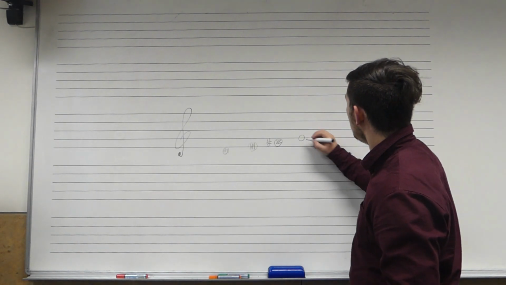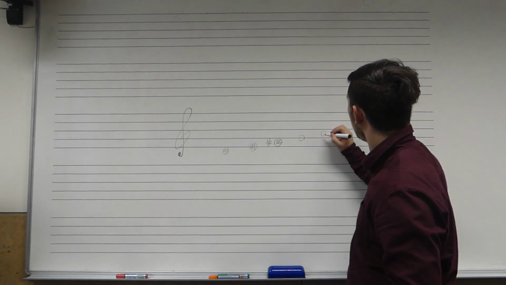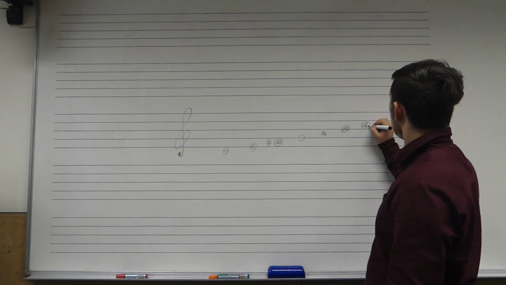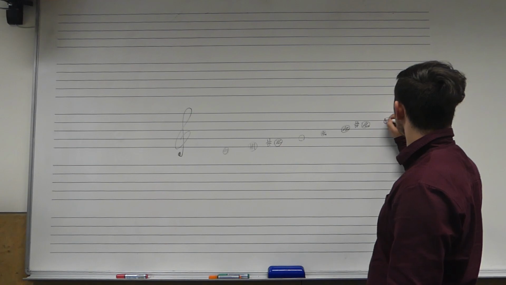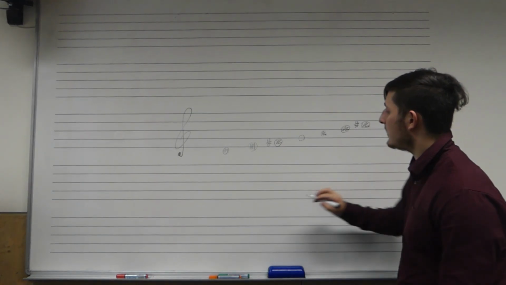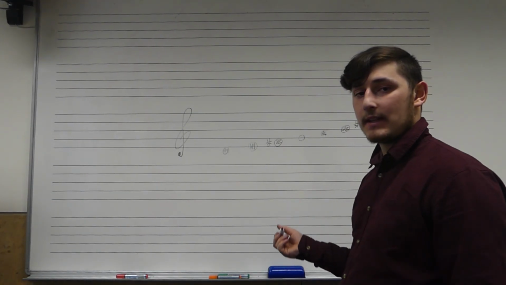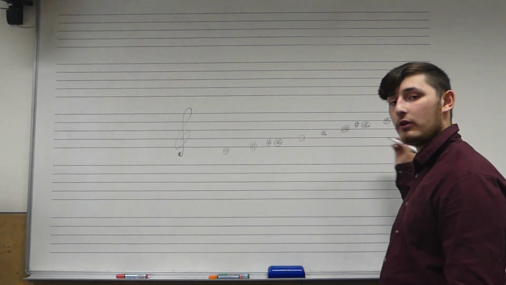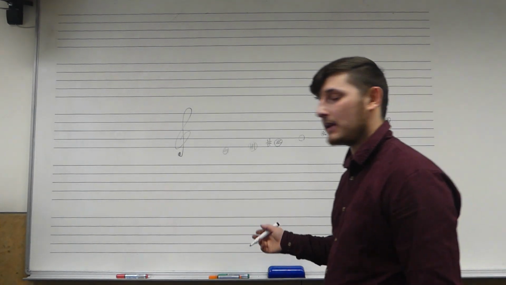So we have G, A, B, C sharp, and D. So the same perfect, major, perfect, they're all in the same place.